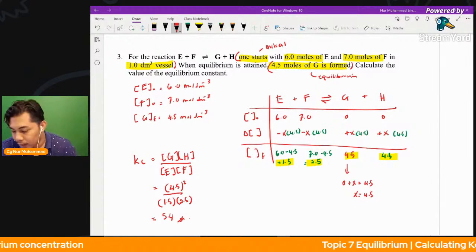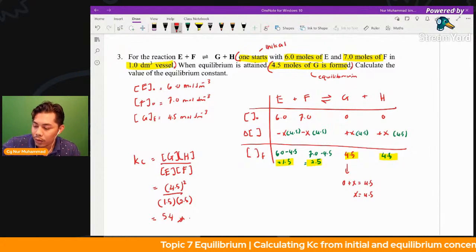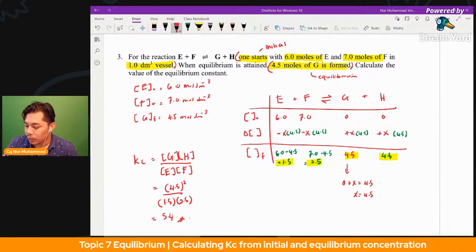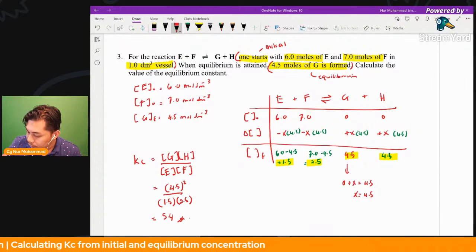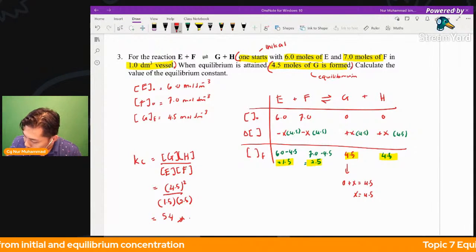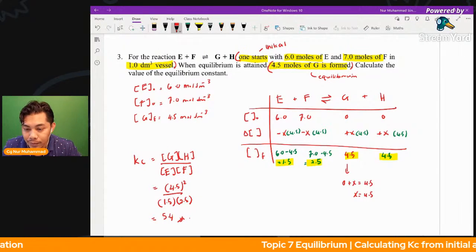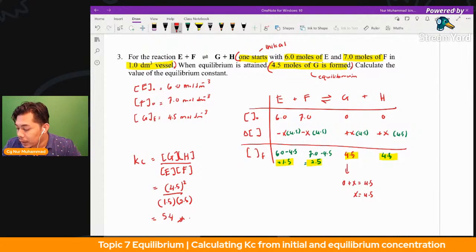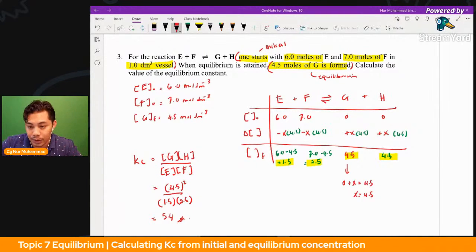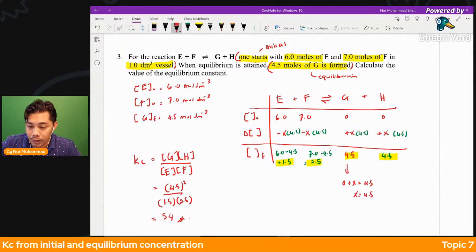Okay class, from examples 1, 2, 3, I want all of you to try to solve the questions from page 151 until 152. The concept is the same. You see the questions are long, but the concept is the same. Those you cannot do, it's okay, leave them for now. We will discuss in the next class.